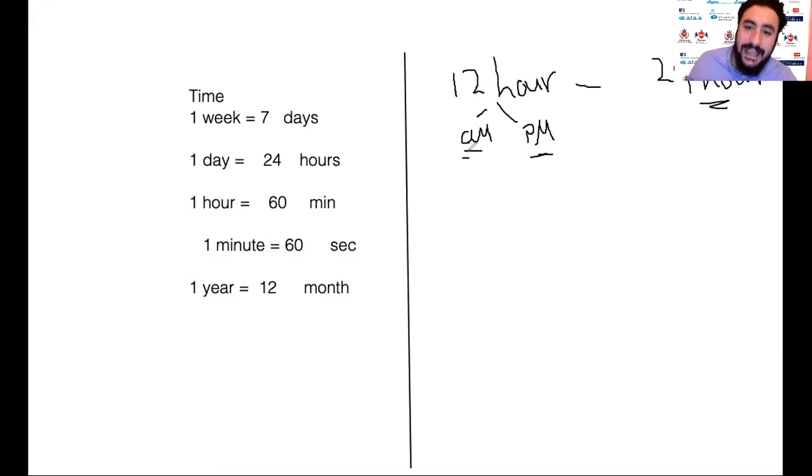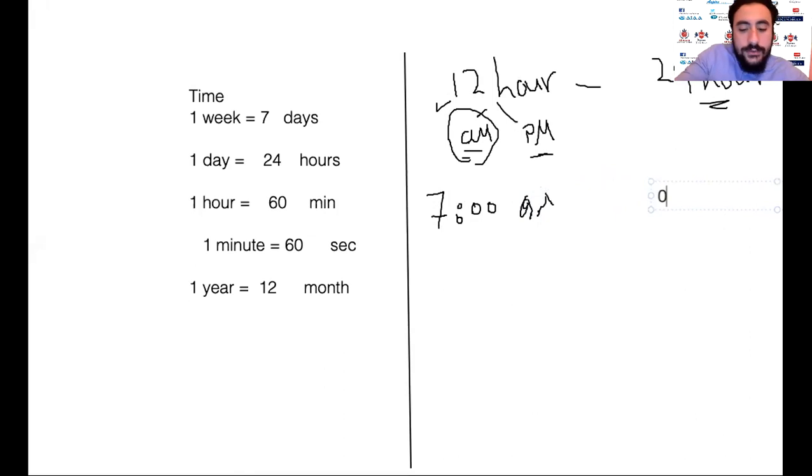When I talk about AM, that means after midnight. Okay, so AM and the 24-hour clock are the same. What does it mean? When I write 7 AM, it's going to be 07 here.